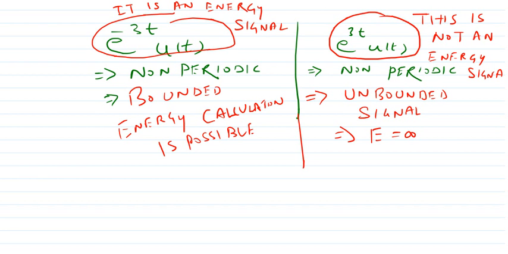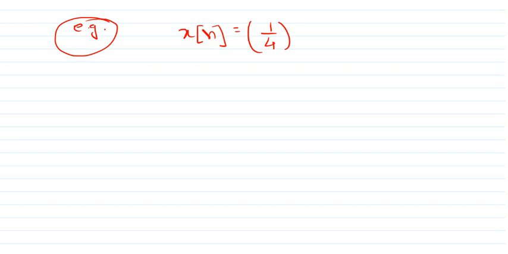Okay, so let us take another example. Let us take an example of a discrete time signal, that is xn equals 1 by 4 raised to the power n un.